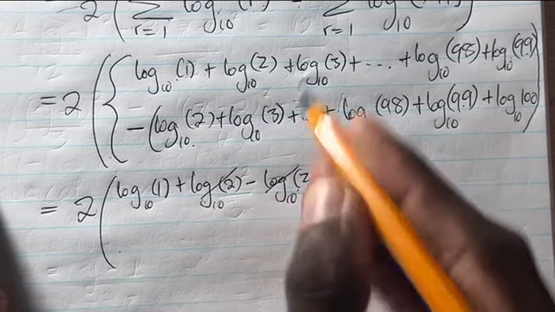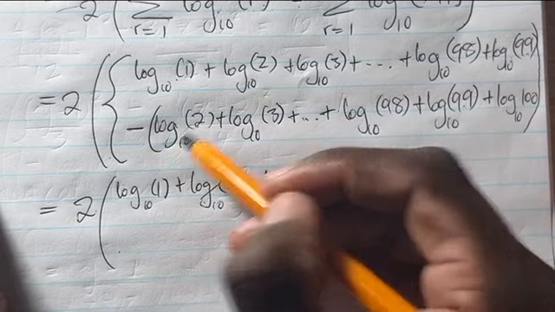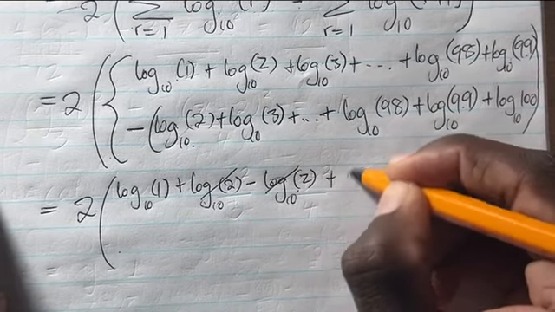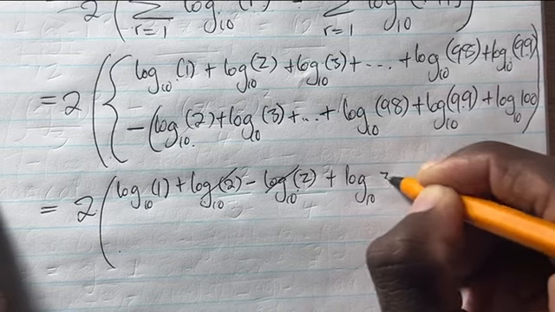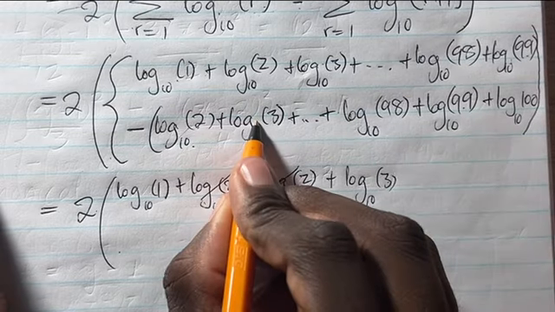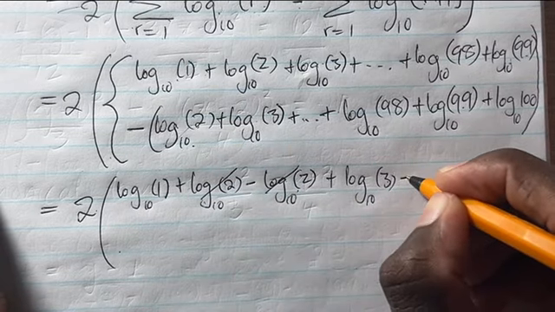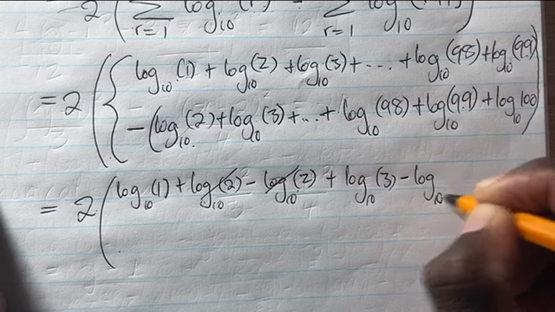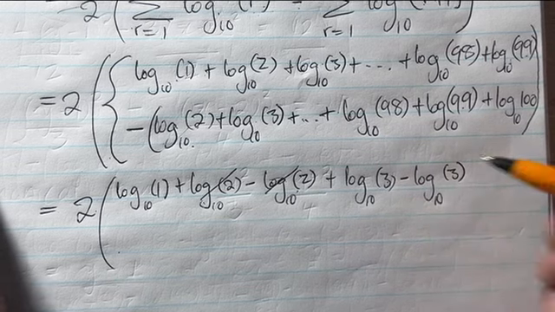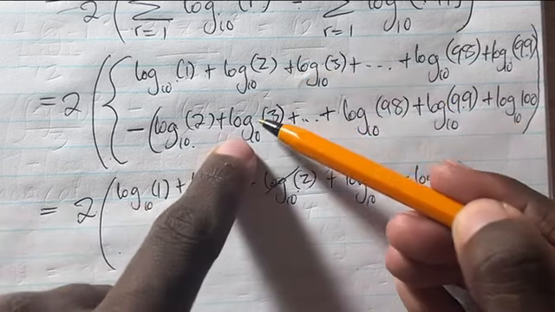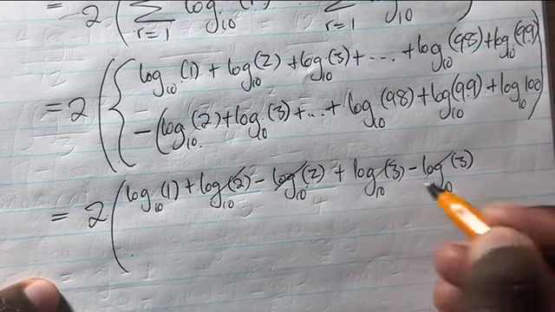So basically you're going to cancel out this guy and this guy. Also, this log base 10 of 3 is the same as this guy, but it's negative here, log base 10 of 3. So this log base 10 of 3 is basically going to cancel with this log base 10 of 3 because they have different signs.